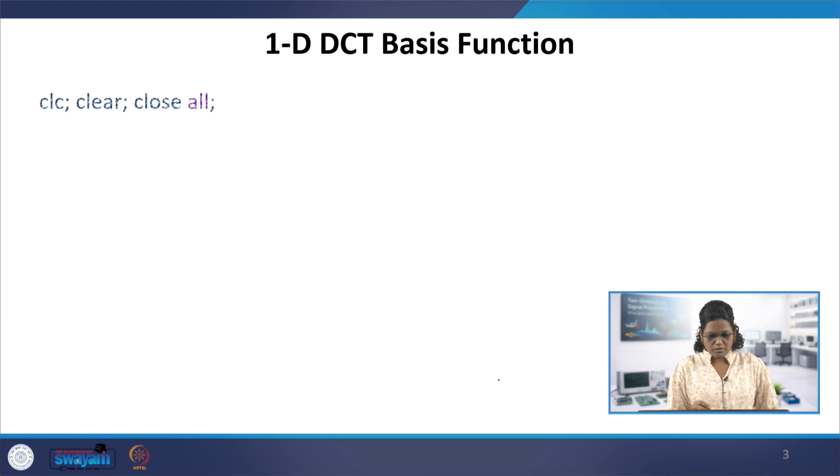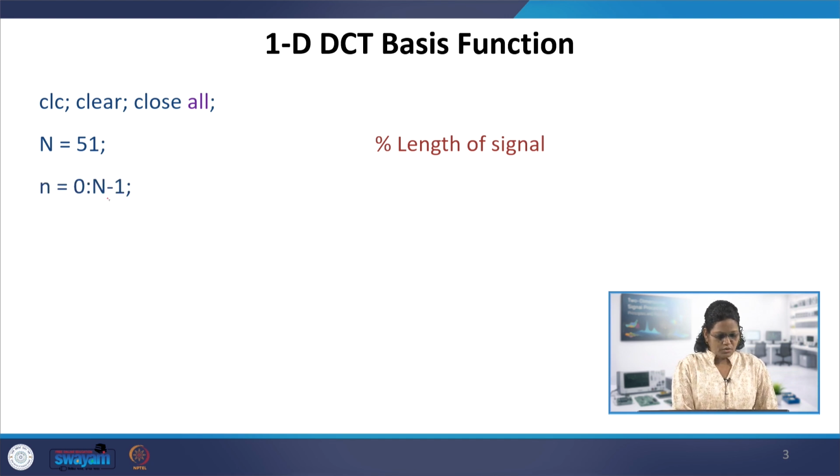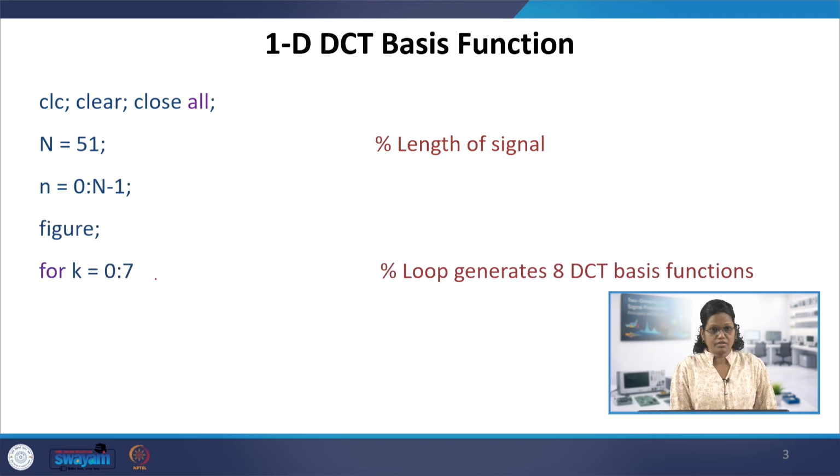So using this, how do we get this basis function using code? We have taken the number of points to plot the basis function as 51, with n varying from 0 to 50, the n which is mentioned in the equation. We also generate a figure for k varying from 0 to 7.